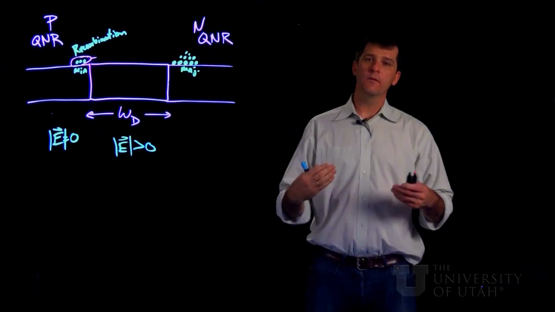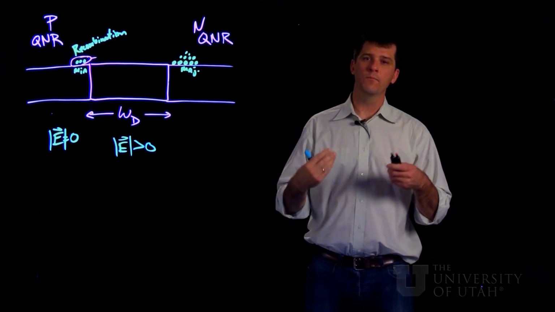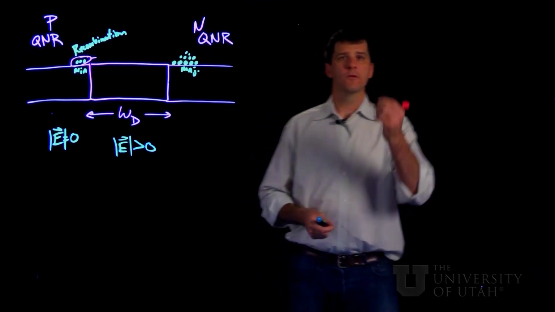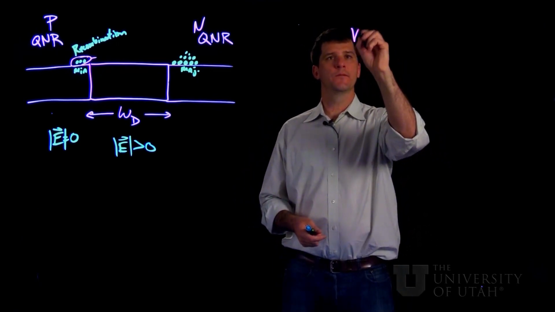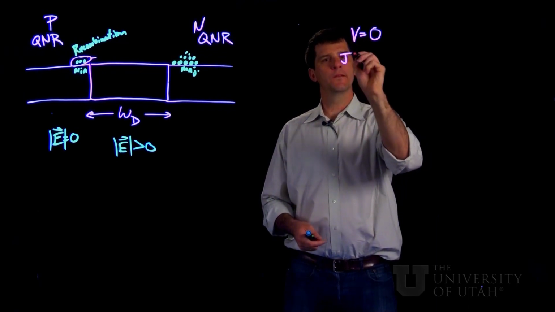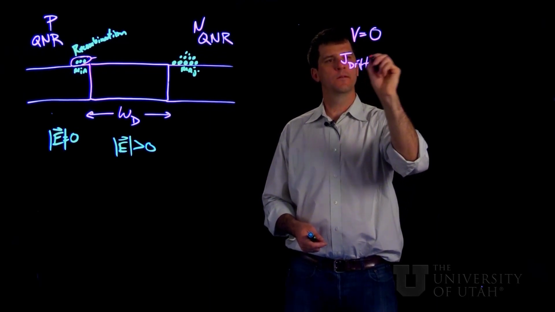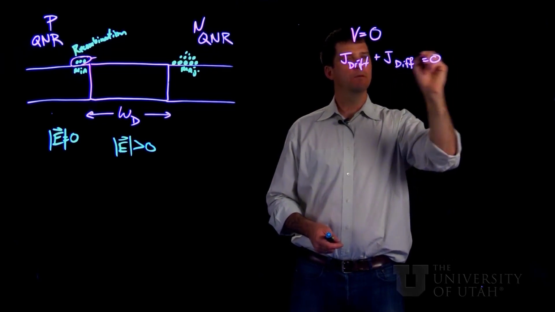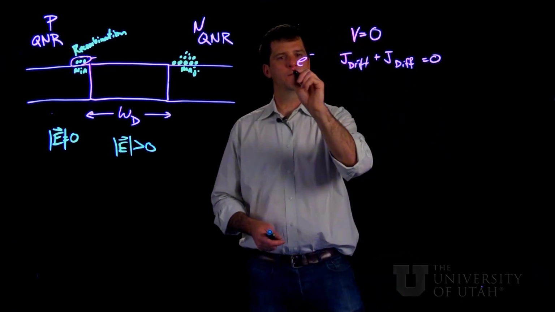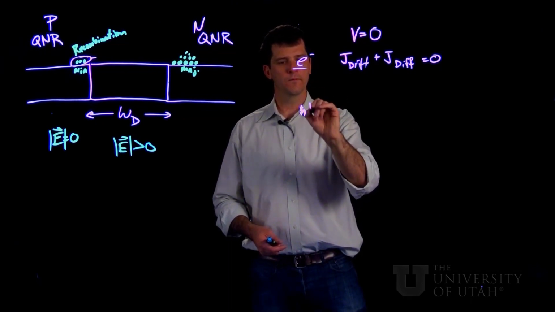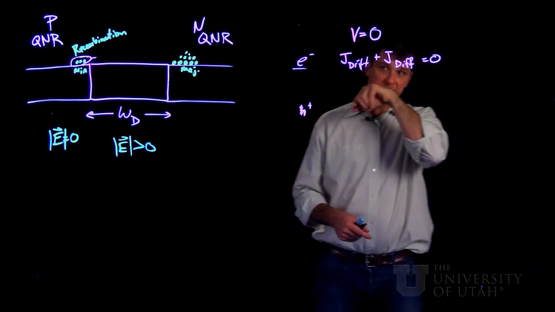So now we can use a little trick of balancing the currents for the thermal equilibrium case. So at applied bias equals 0, we can say that the J drift plus J diffusion equals 0 for the electron currents as well as similarly for the hole currents.